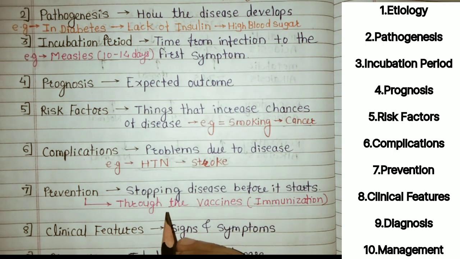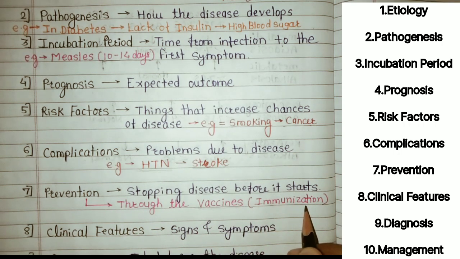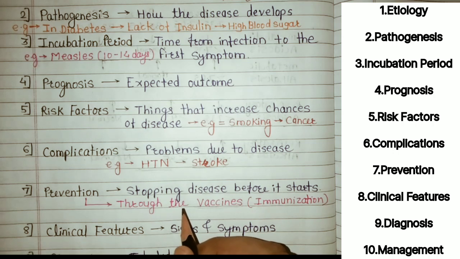Then prevention, stopping disease before it starts. We see this in patients who have taken vaccinations, immunization. After childbirth, we give vaccines like the polio vaccine, BCG vaccine, hepatitis vaccine. For what?